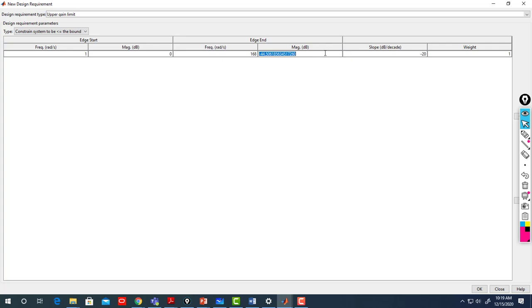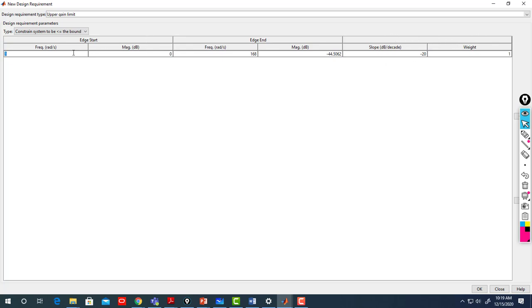Basically I want maybe to put another one. Let me put a frequency of edge start and edge end, and therefore we can reduce the slope.